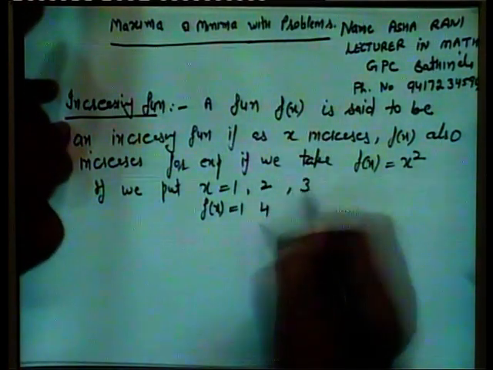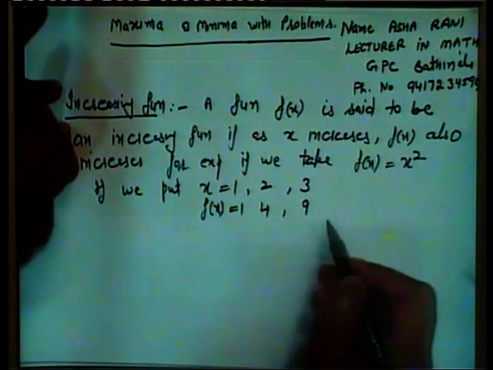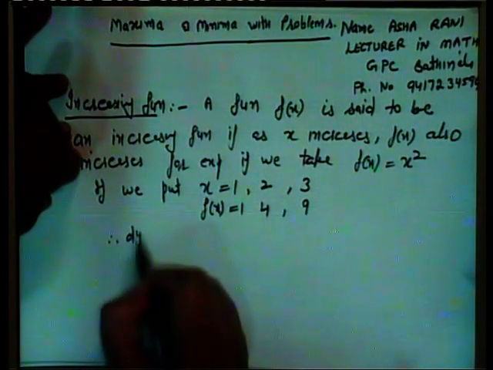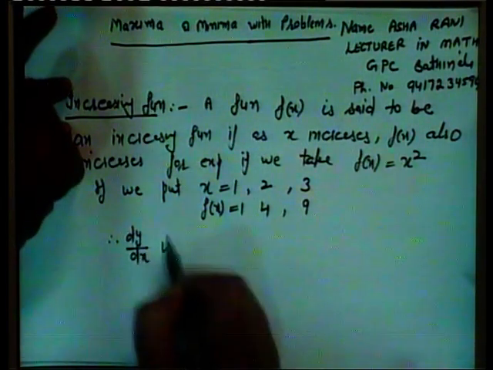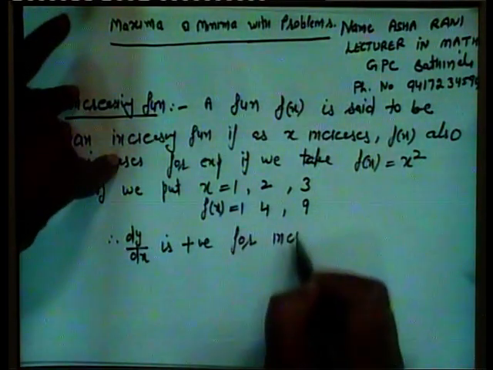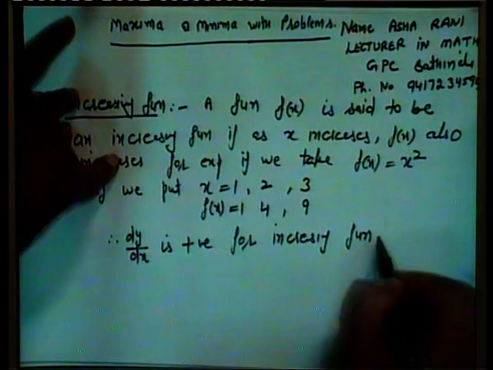If x is 3, f(x) is 9. As x is increasing, f(x) is also increasing. Therefore, dy by dx is positive for an increasing function.